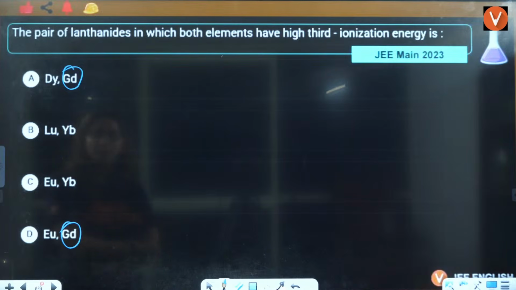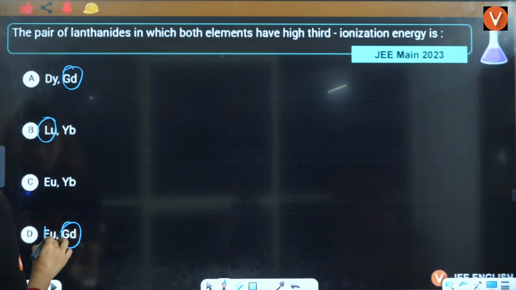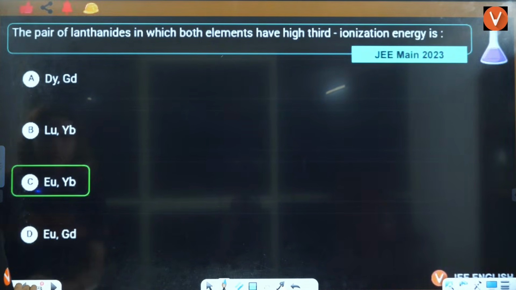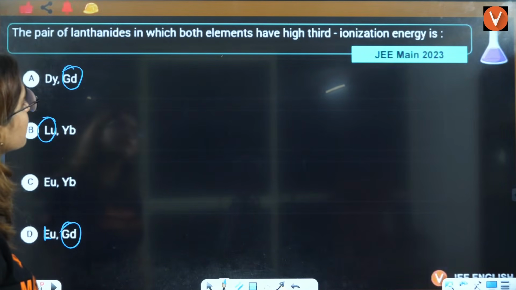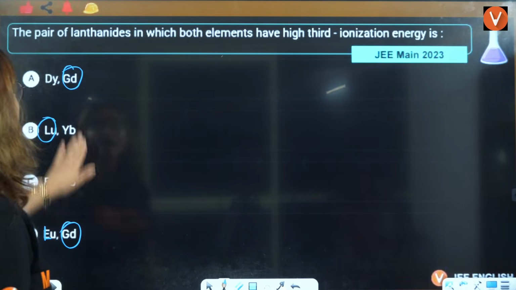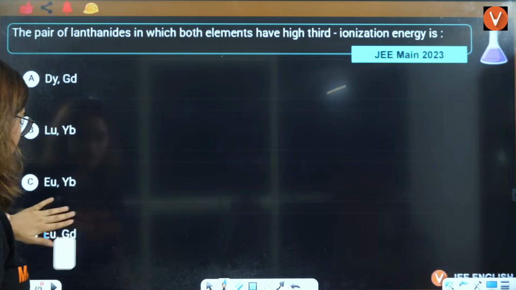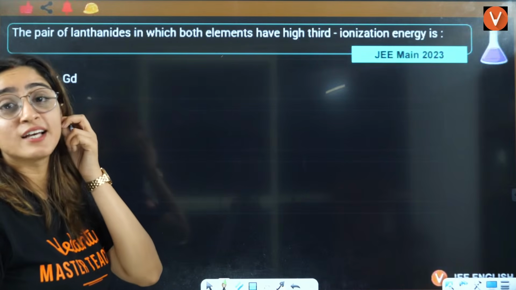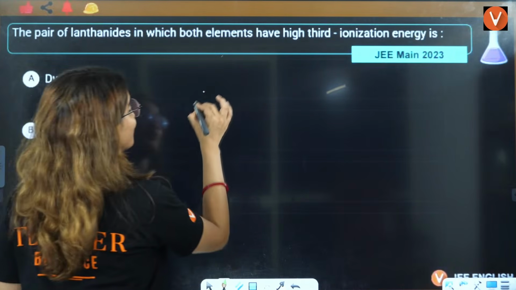Are the options even right? Because gadolinium is with lutetium, I think it should be Lu. The pair of lanthanides, both elements have high. It's high they are saying. It's both. I'm so sorry, guys. Brain is shutting down, I think. High they are saying. I thought low.